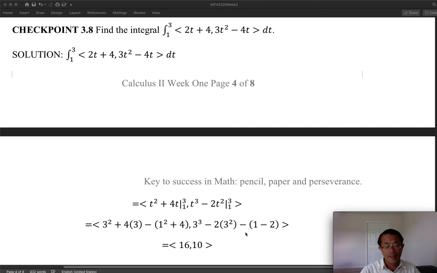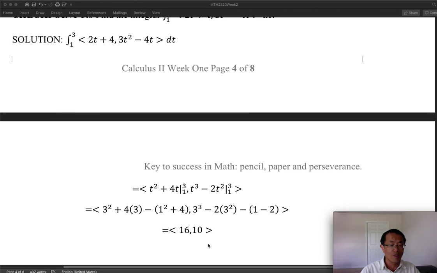And then for the second component, let me double check if I'm correct. 27 minus 18, that's 9. This is a negative 1, minus a negative 1, that's plus 1. So I believe I'm all right.